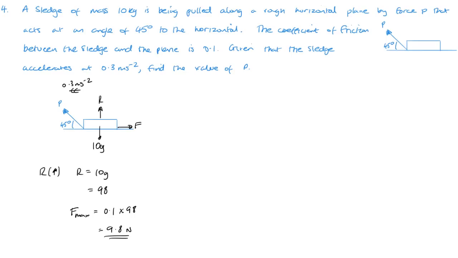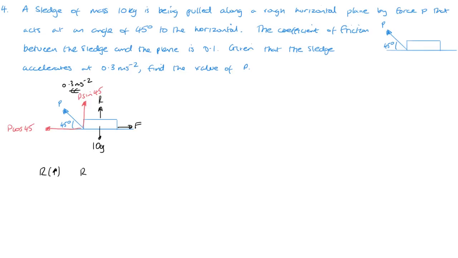Now again, I've made a mistake here because I've jumped ahead and I haven't resolved my forces for P, because P is going to act up and across. So this is P cos 45 and this is P sine 45. Okay, and that I have to be careful of.